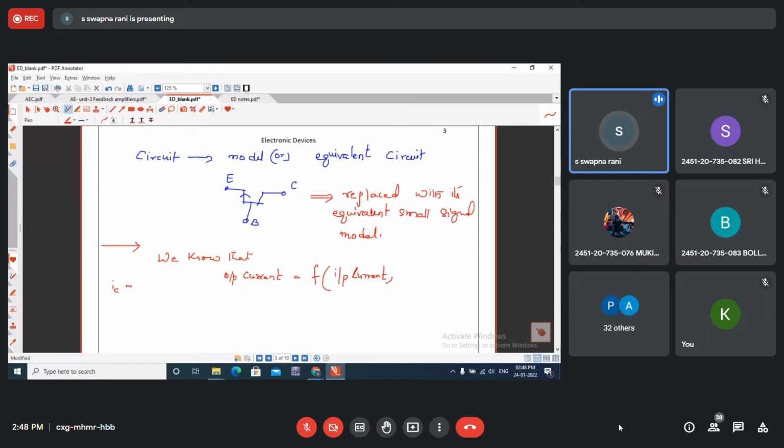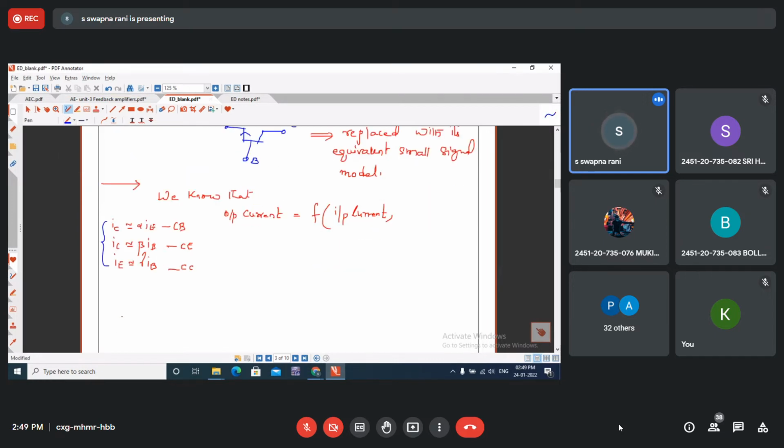IC is approximately equal to alpha IB, IC is approximately equal to beta IB, and IE is approximately equal to gamma IB, for CB, CE, and CC. These equations clearly indicate that the output current is dependent on the input current.